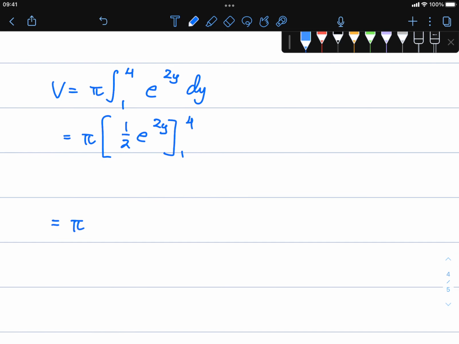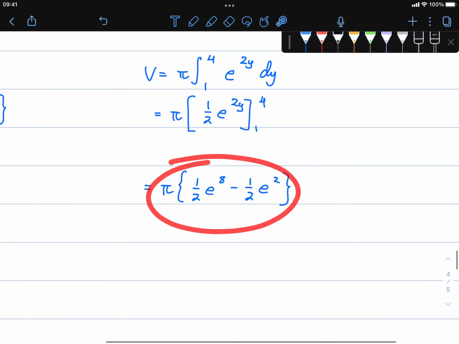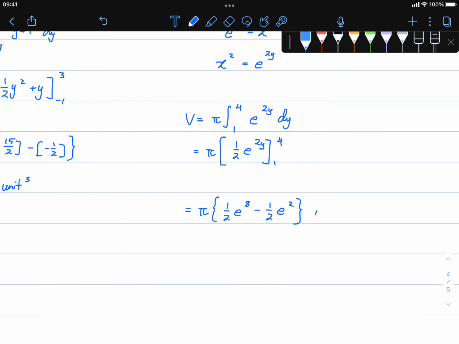Substituting 4, we get half e to the power of 8 minus half e to the power of 2. I'm going to leave my answer like this in this exact form. Oh, and it's going to be units cubed.